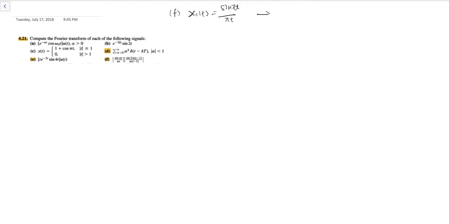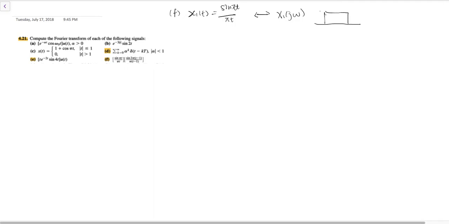So we know what its Fourier transform looks like in the frequency domain, with a magnitude of 1 from negative pi to pi.